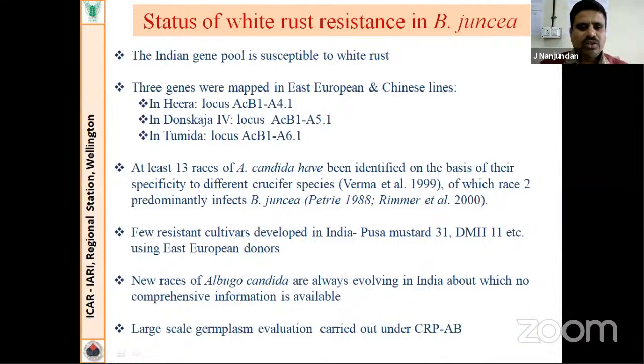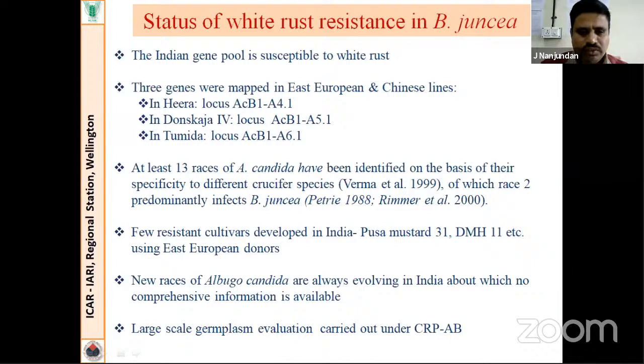Worldwide, 13 races of Albugo candida have been reported, of which in India race 2 mostly infects B. juncea. Utilizing the East European lines, a few varieties have been developed, like Pusa Mustard 31 from IARI and DMH 11 from the DU campus, but it is still not solved because there is always variation in the new isolates of Albugo candida. The systematic profiling of these has not been done in India so far.